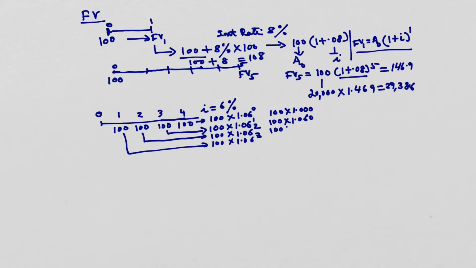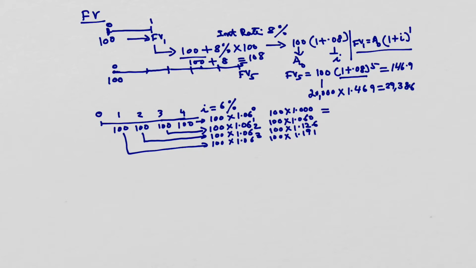This is a square, and if I find the square of 1.06, it's 1.126. This is raised to 3, and this comes as 1.191.